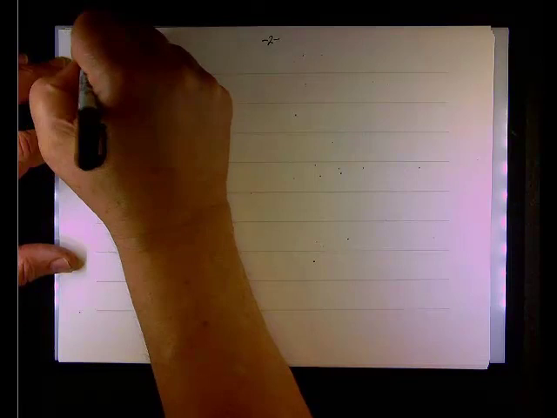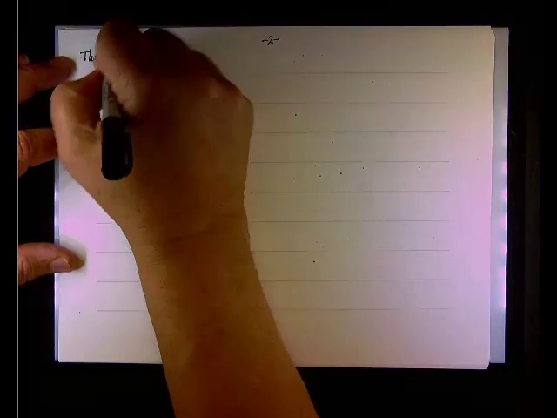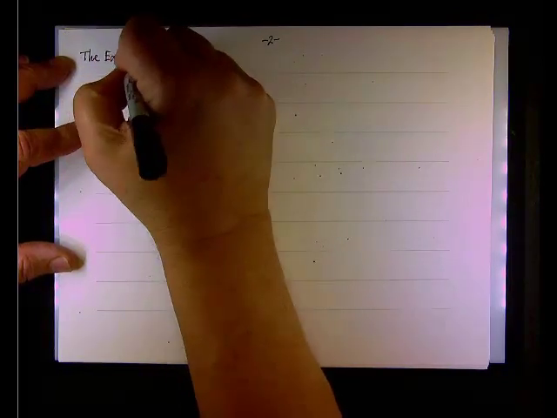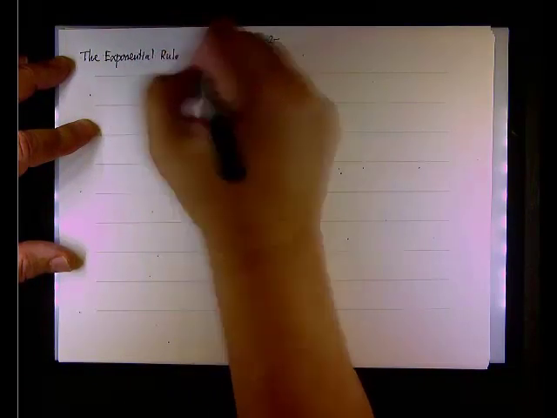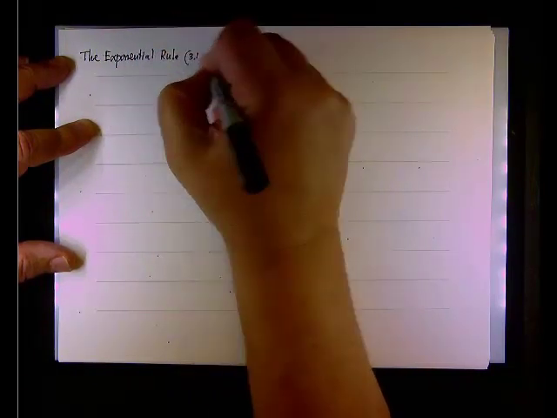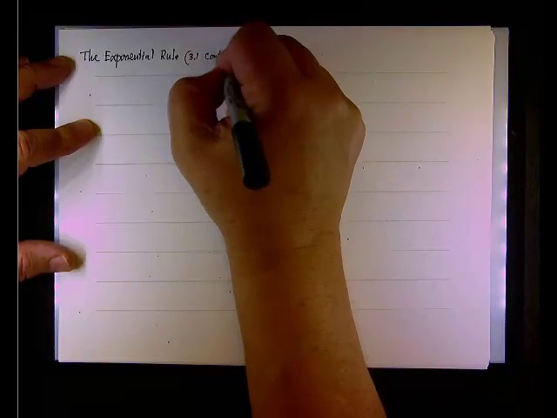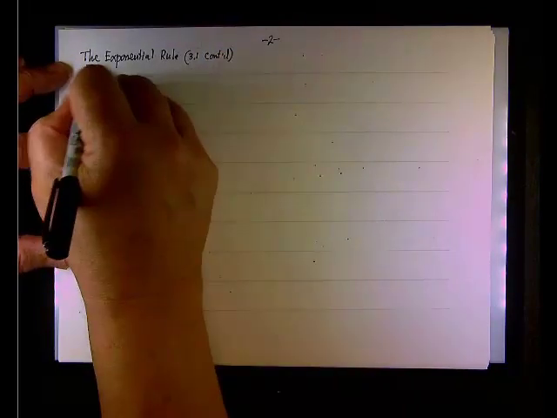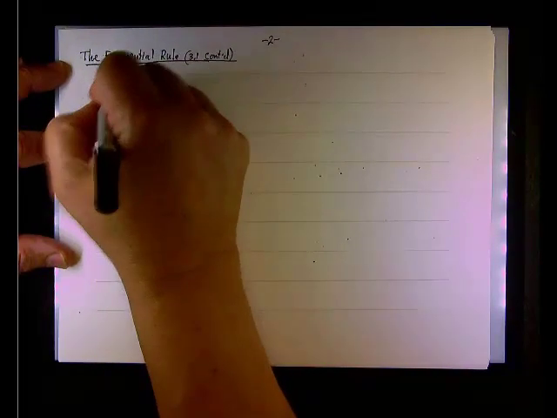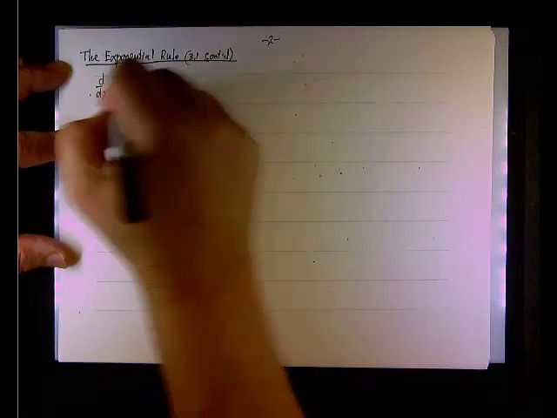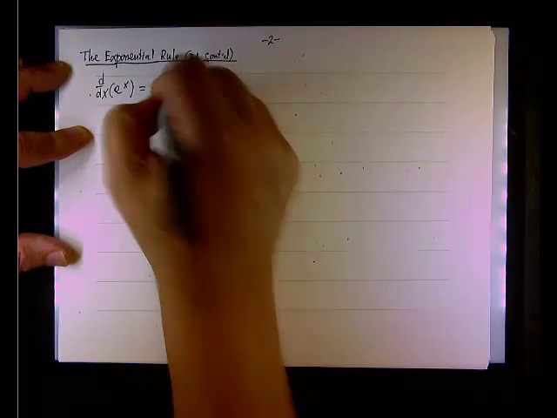So the exponential rule from yesterday. The rule itself is very simple, and we like this kind of rule because the derivative of e to the x is e to the x itself.